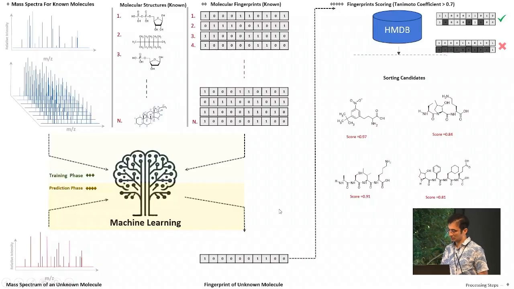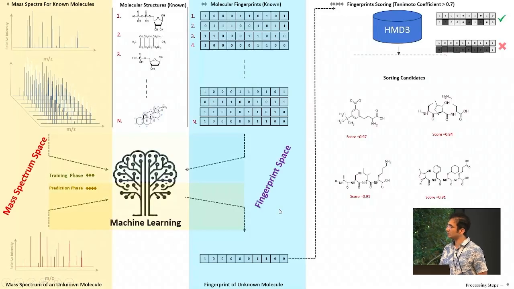So the whole idea is going beyond the MS spectral space, which had a lot of experimental limitations, into the fingerprint space, and doing all of the identifications there.